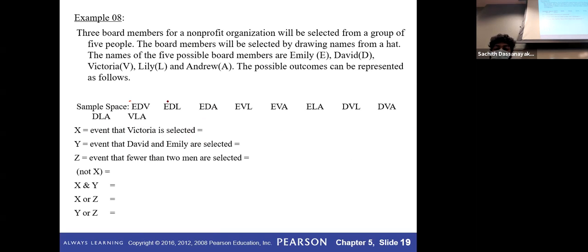What are the outcomes? V, this one, V, this one, V. So EDV, EVL, finally VLA. This one.